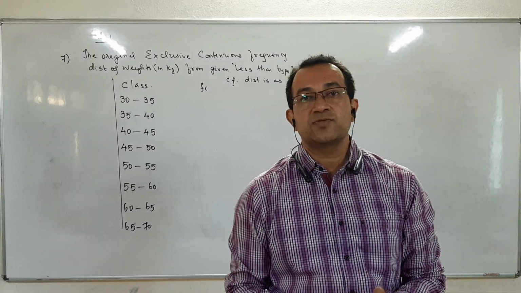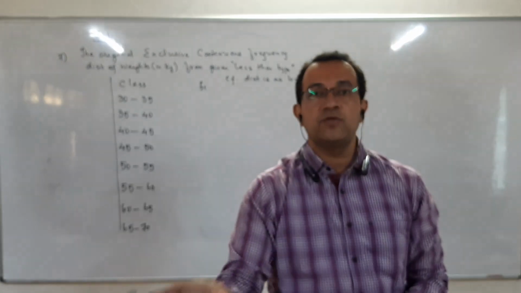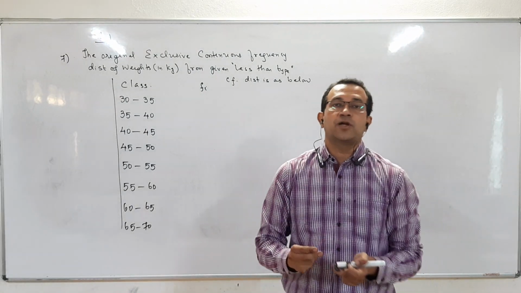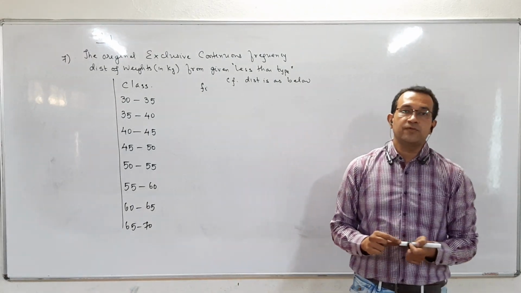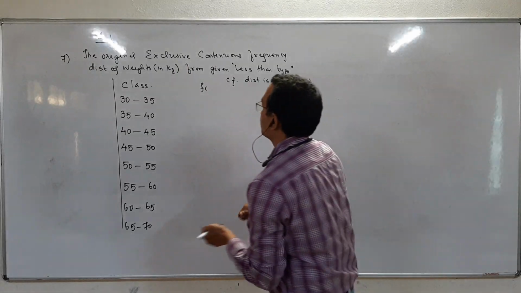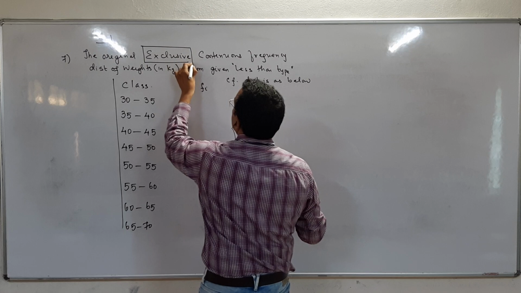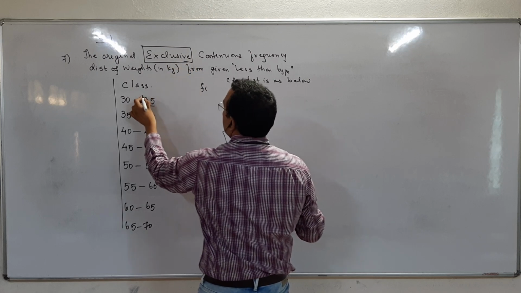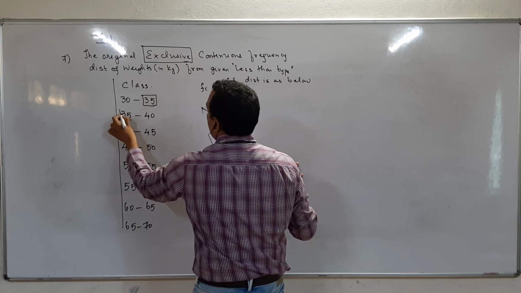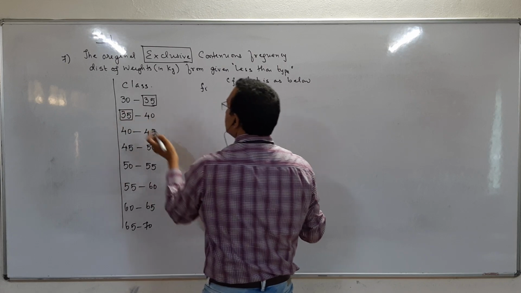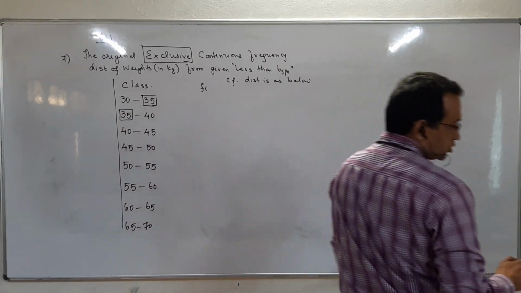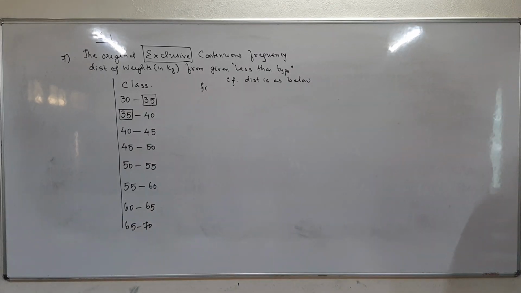So the classes start from 30 to 35, 35 to 40, 40 to 45, 45 to 50, 50 to 55, because it is exclusive. In an exclusive continuous frequency distribution, the upper limit of a class and the lower limit of the next class are exactly the same.